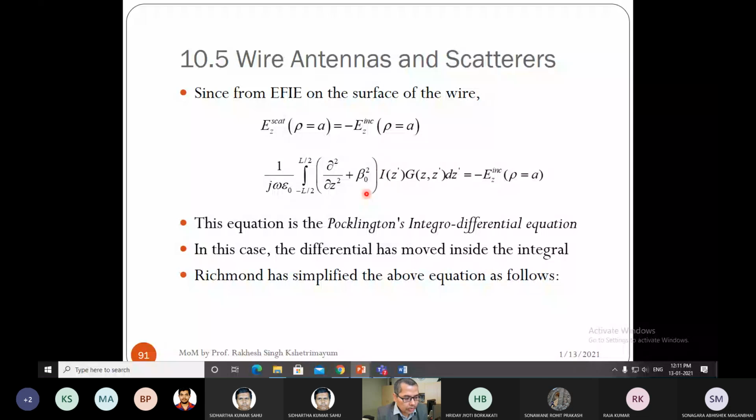This fellow Richmond has actually simplified this above equation. He has taken care of this differentiation, and we can simply convert this integral differential equation to a simple integral equation. We'll see that expression later on.